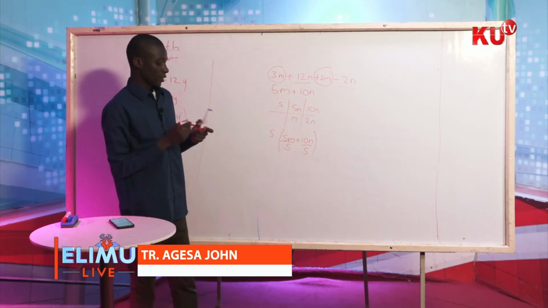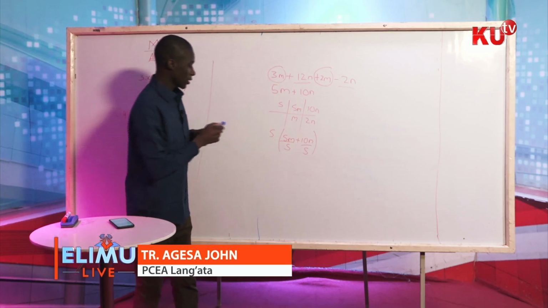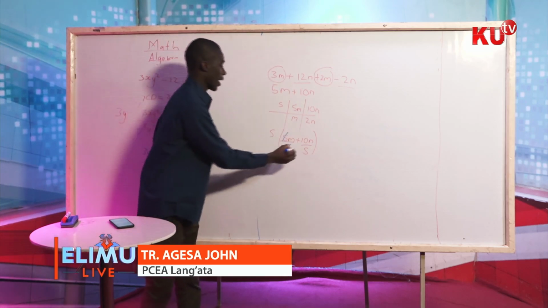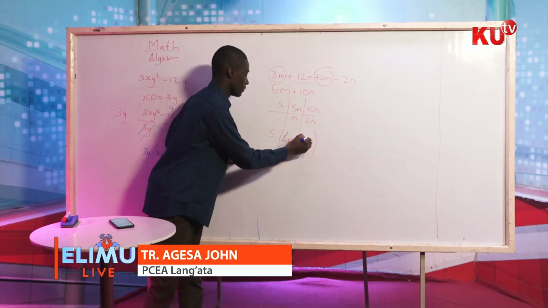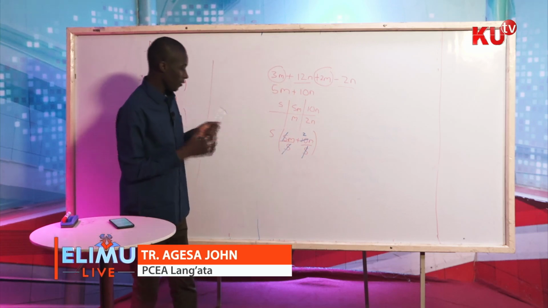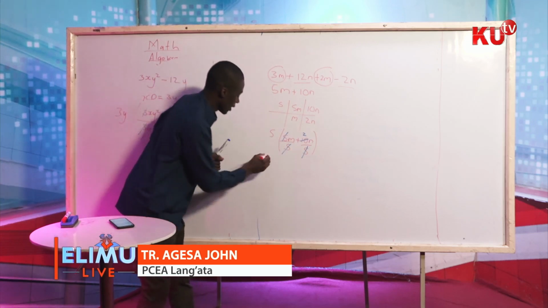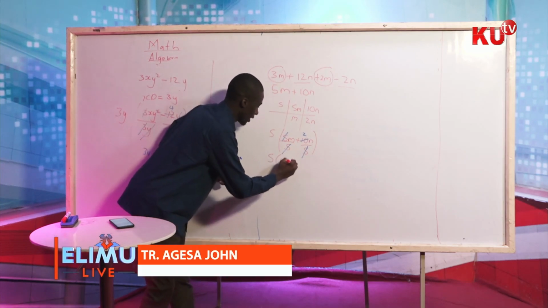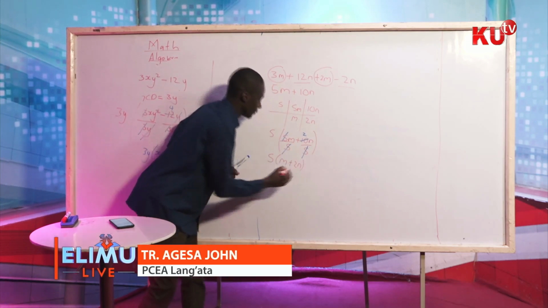On simplification, 5 will divide 5, and 5 will divide 10 two times, so that our final expression is 5 into bracket m plus 2n.